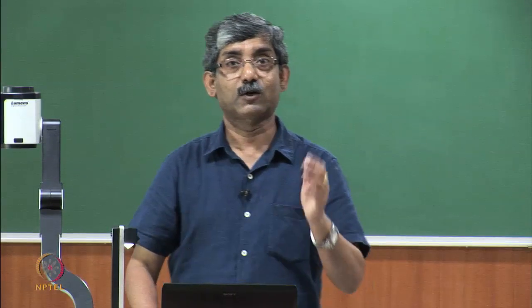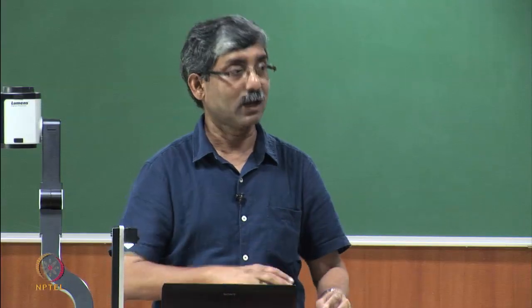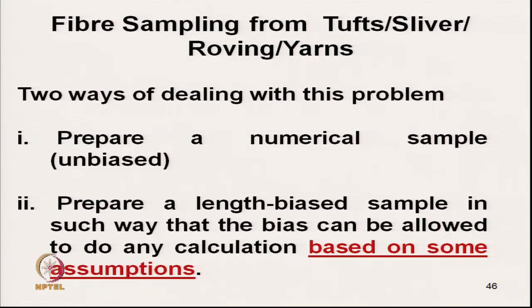So, there are two ways to counteract this problem. One is to prepare the numerical sample, which is different from the length biased sample, and is unbiased. Another way is to prepare a length biased sample in such a way that the bias can be done away with by calculation based on some assumptions.